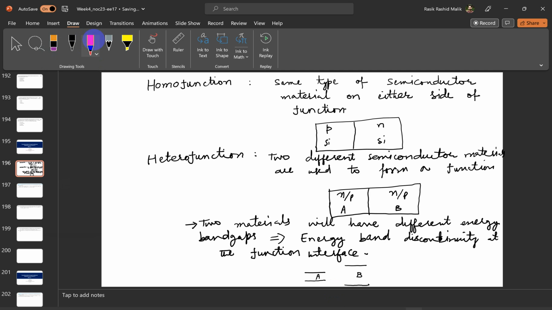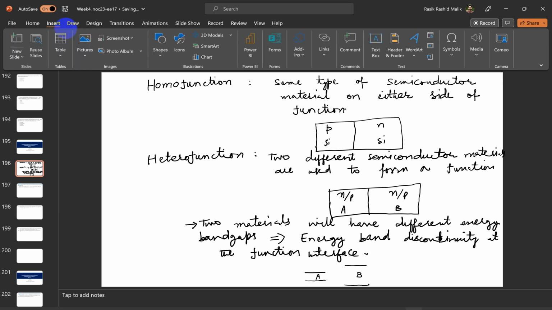We will look into this aspect shortly, when we actually make a heterojunction, and how, depending upon the nature of A and B, the discontinuity will be there in the valence band energy or the conduction band energy. Okay, let me start a new slide.